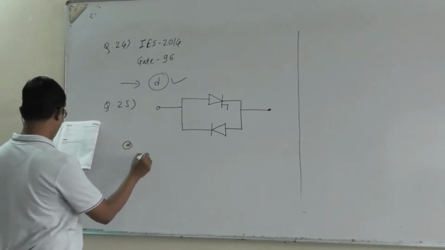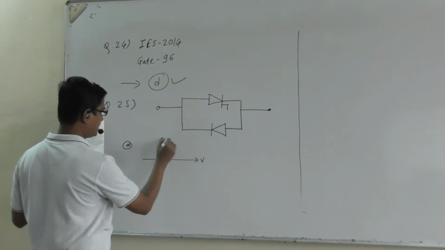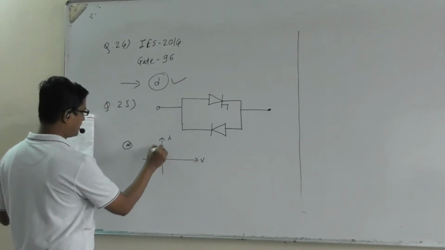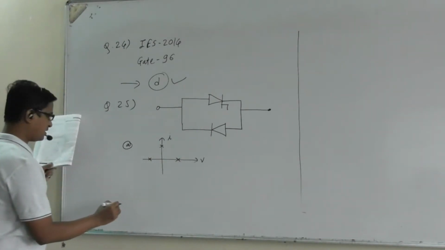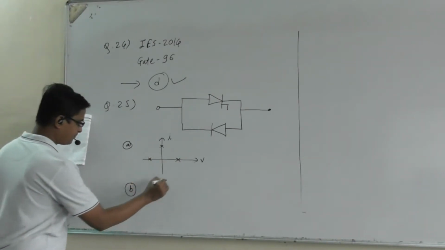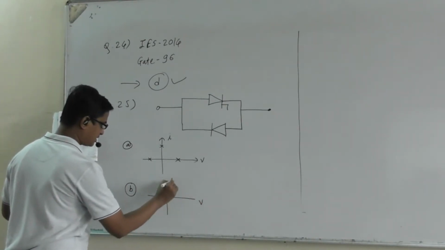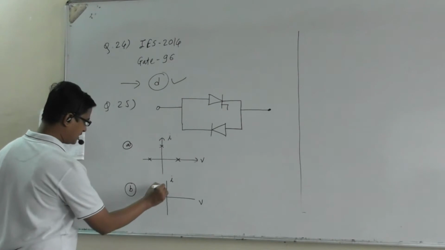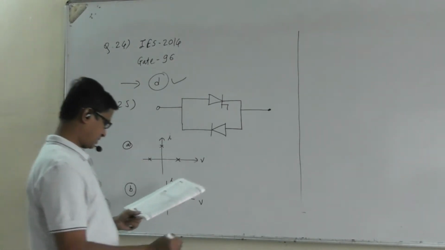Option A, voltage and current, they are saying it is unidirectional and bipolar. Option B, voltage and current, they are saying bidirectional and unipolar.